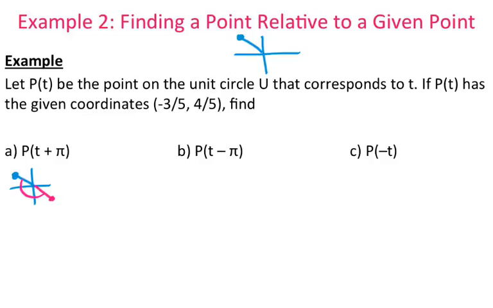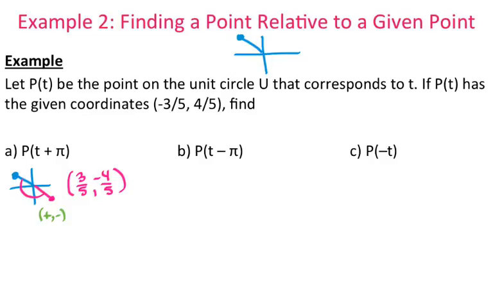So now my point's over here. So I've gone from the second quadrant to the fourth quadrant, so I just need to adjust the signs accordingly. Where my x was originally negative, it's now positive, and my y is now negative, because in that fourth quadrant, my x is positive, y is negative. So it's helpful to see where your actual angle is, because that's going to determine the signs that you use.